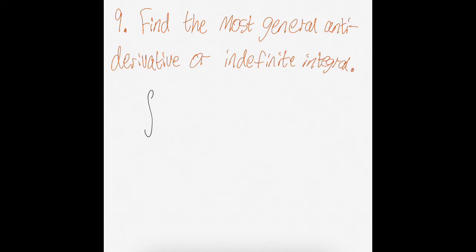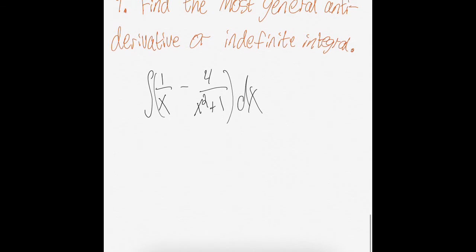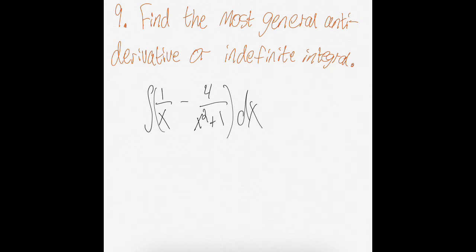An indefinite integral is just an integral where we don't have specific bounds. Sometimes we'll see an integral with two values, like a to b. That's called a definite integral, and we'll do some of those shortly. If we don't have those bounds, then this is called an indefinite integral.